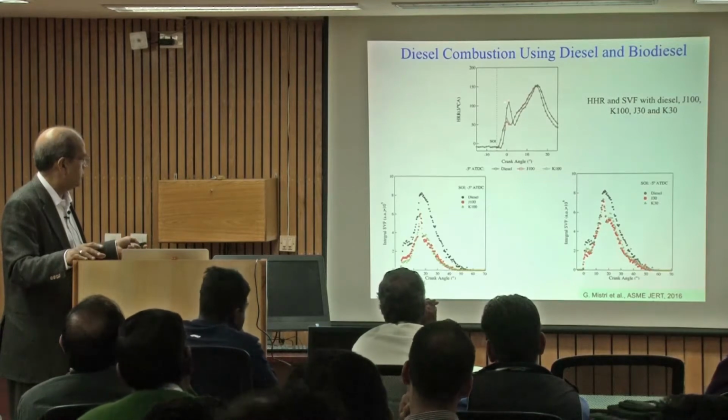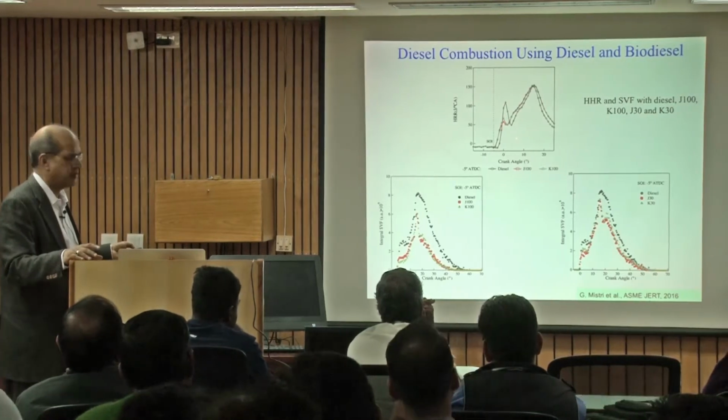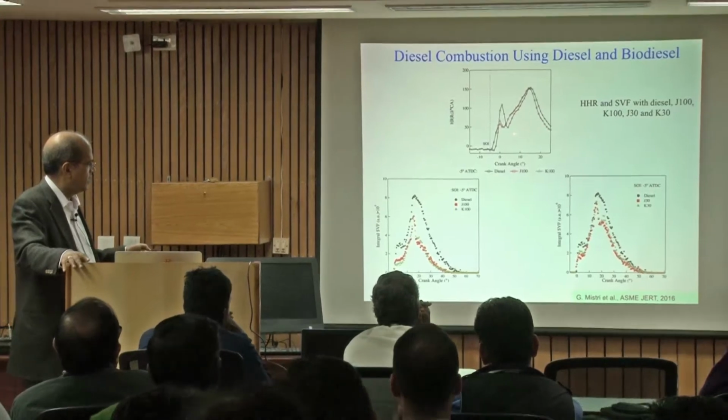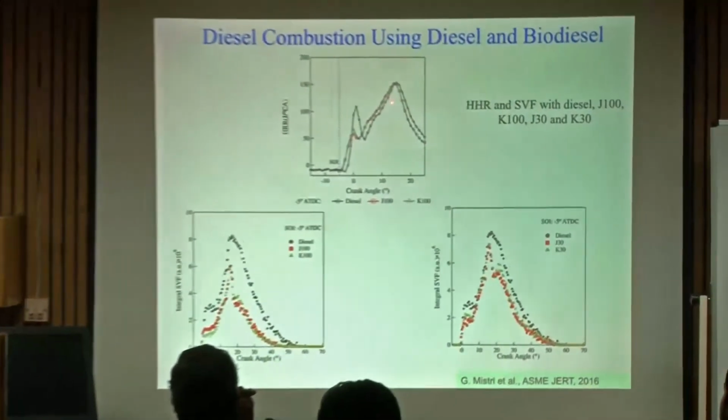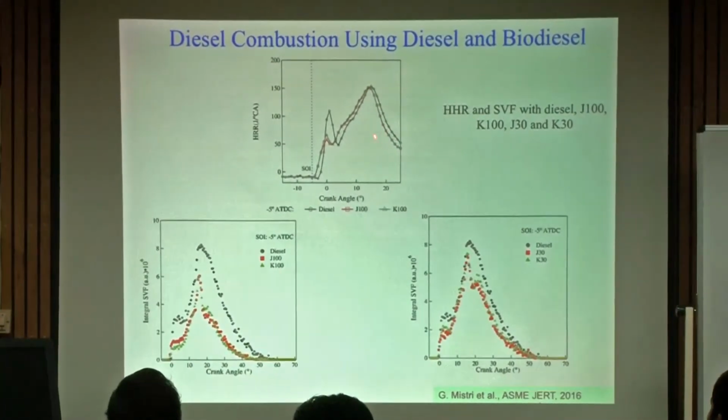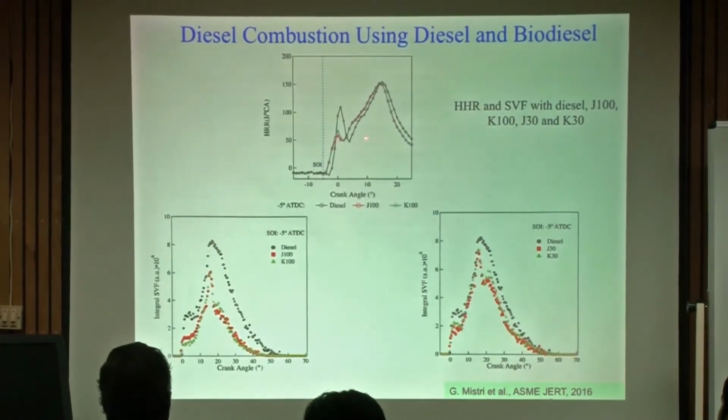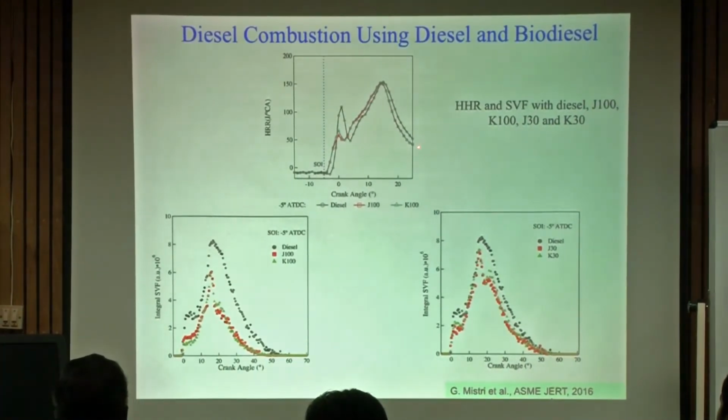This first peak is the premix combustion, and then more heat release keeps going due to diffusion combustion, so that occurs over a long period. Premix combustion is very fast, and that's where soot will be produced.